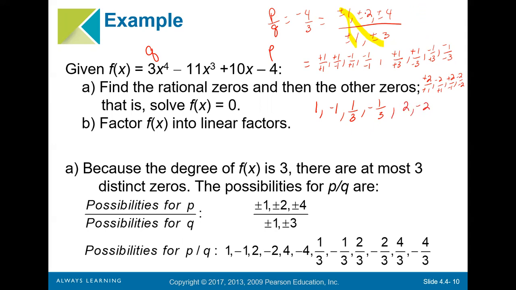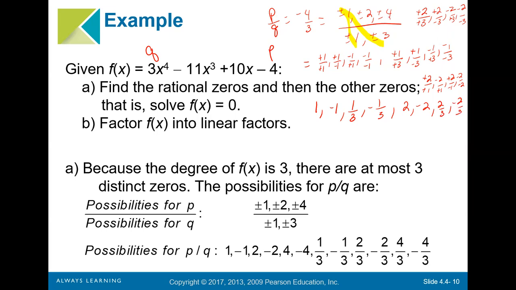Now let's take that 2 over the 3. I have a possibility of positive 2 over positive 3, positive 2 over -3, -2 over positive 3, and -2 over -3. So that means I have a possibility of positive 2/3 and -2/3.